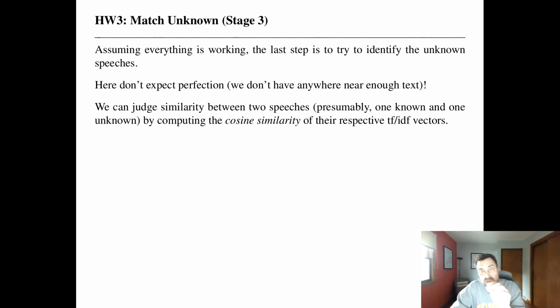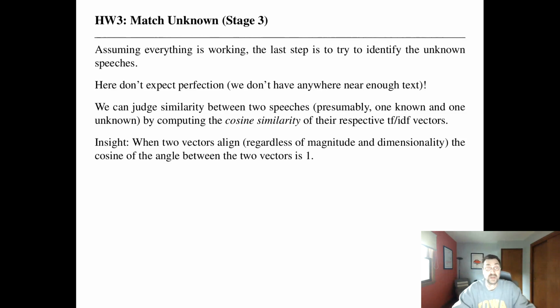If you think of every speech as having a corresponding vector, it means that every speech has a point in that n-dimensional space that represents where that speech lies in terms of vocabulary and usage of words and so on. We could imagine that all of Obama's speeches, say, are tightly clustered in some area of that vector space. And if I get an unknown speech that also lands in that area, it stands to reason it might have been by the same speaker.